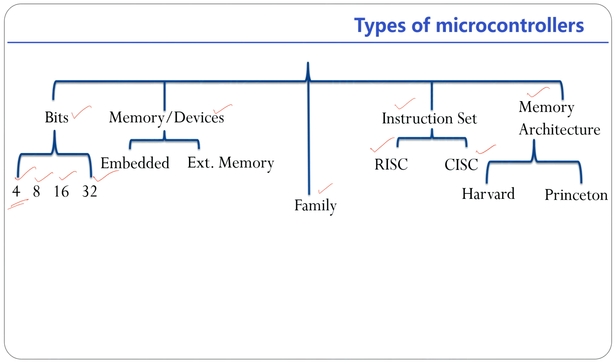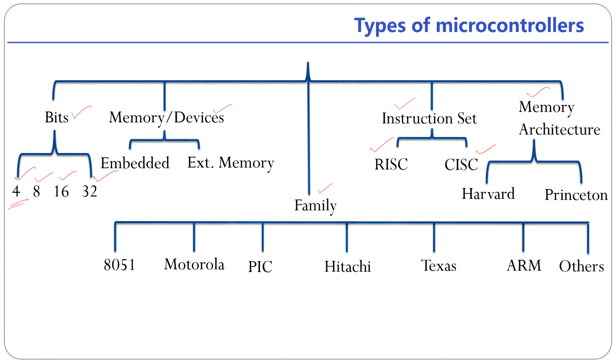We will discuss Harvard and Princeton architecture in the next slide, and similarly RISC and CISC also in the next slide. And based on the family, microcontrollers may be classified into the 8051 family, the Motorola family, PIC family, Hitachi, Texas, ARM, and other microcontroller families.